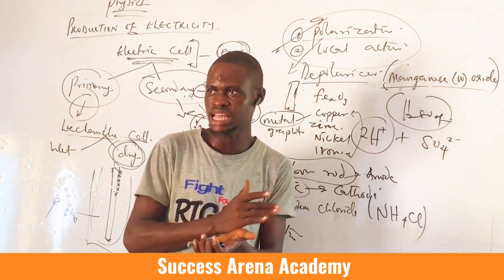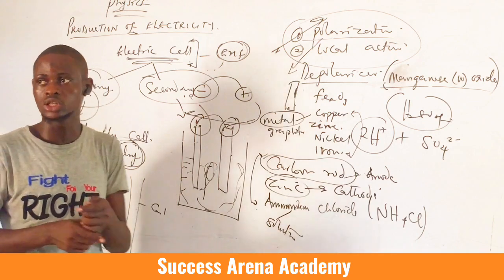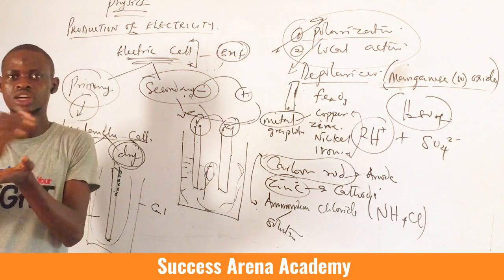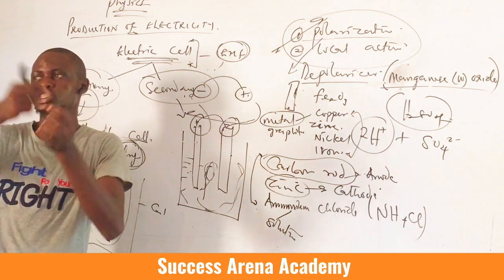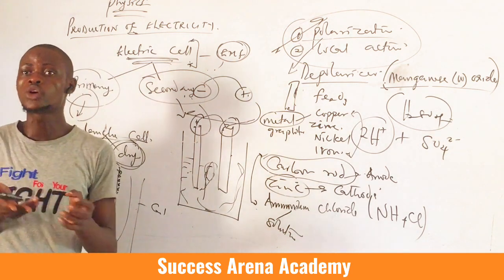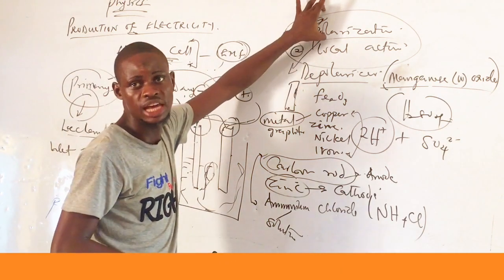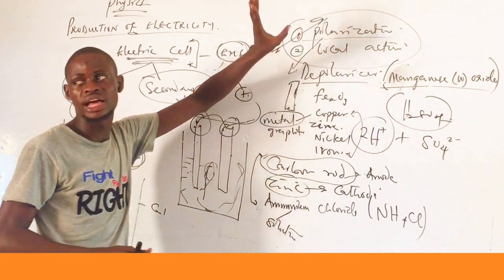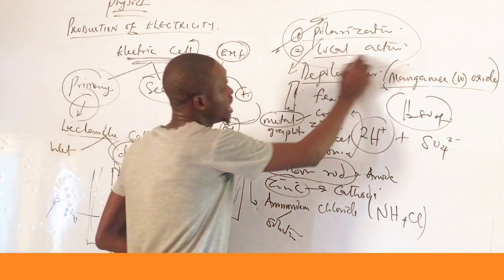If you are brushing the plates, it can also prevent it. Normally, the hydrogen bubbles are already on the surface of the rod. So we will remove the rod, then brush it. On brushing it, it will remove all the hydrogen bubbles that are there. That's another way to prevent polarization from occurring. So whenever you hear polarization, know that it is talking about hydrogen.